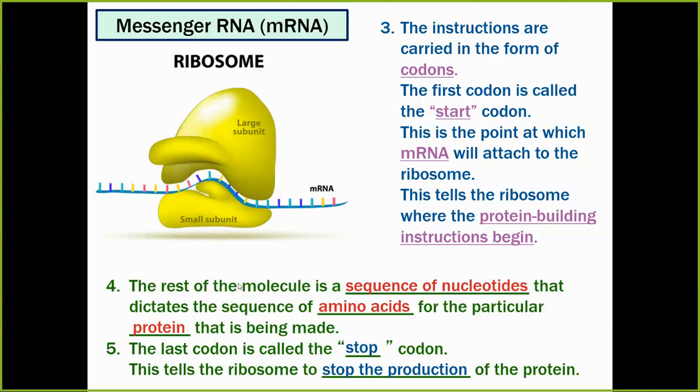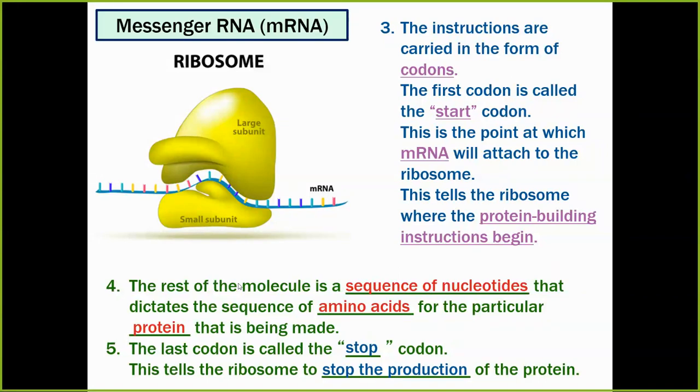So we have the start codon. After the start codon, we have a series of nucleotides, again organized in codons, that then tell the amino acids to come to the ribosome in a specific order. So we have a specific set of nucleotides that call up specific codons that will call up specific amino acids that are going to build in a certain order to build up a specific protein.